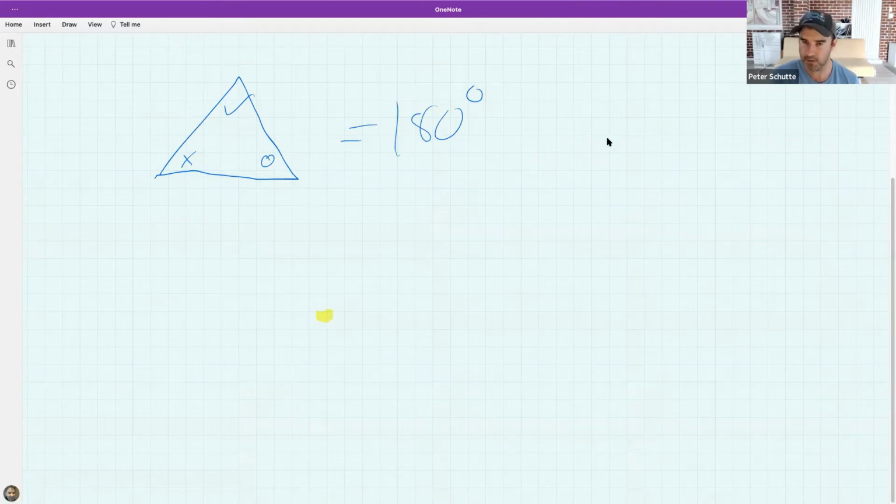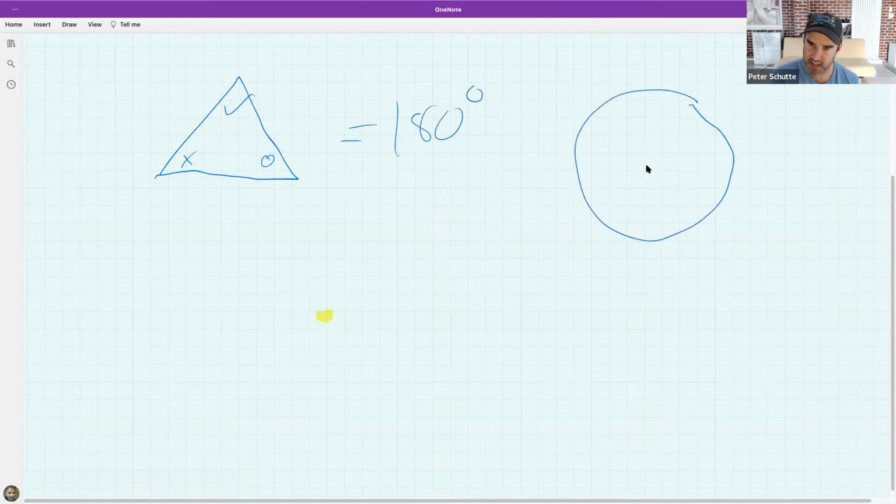The other thing that's going to come up quite a lot is that if you have two radii forming a triangle, two of the sides will be equal, which means the base angles will also be equal. And so you'll see people using that idea a lot. Okay, so that's just a recap of some of the ideas.